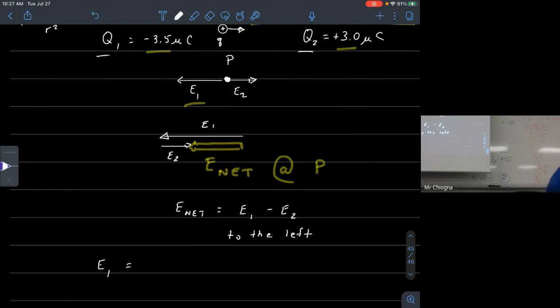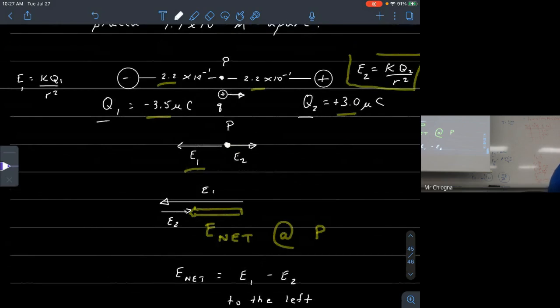So calculate E1 and E2. For E1, the subscript stays the same. I'm just going to put R, not R1. It's the same distance for both, so R squared. And Q1 is 3.5. Don't worry about the negative. I know it's negative, but it's already taken into account when you drew this arrow here.